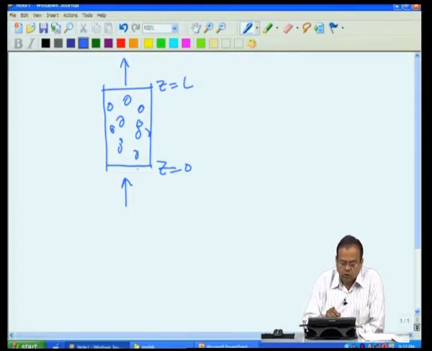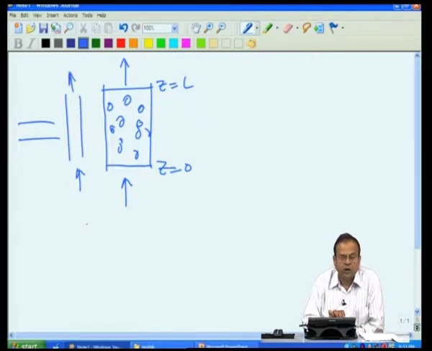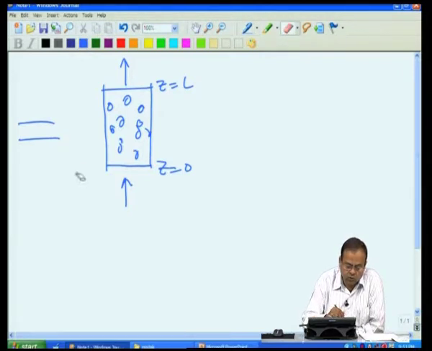Now, this also in some sense is a tubular reactor. Although for a tubular reactor we always show it like this, nothing prevents us from showing it in this manner. The orientation hardly matters. It is the kind of flow inside these reactors which is of concern to us.